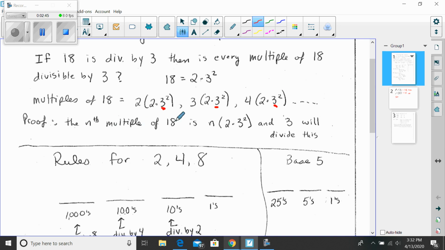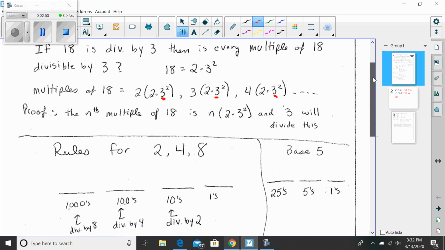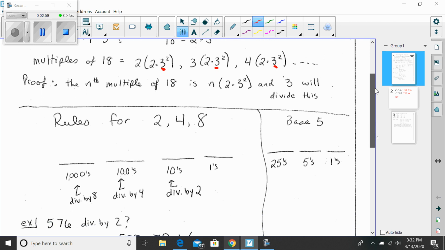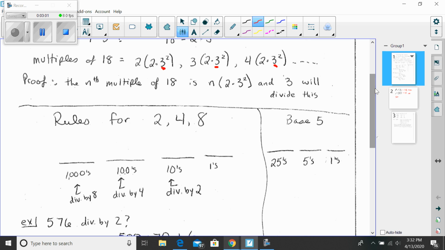So the nth multiple of 18 is still divisible by 3. So that's going to help me down here explaining some of these rules, because once I establish that, say, a number is divisible by 4, that's going to mean that every multiple of that number is still divisible by 4. All right, and that's how I'm going to explain my divisibility rules.